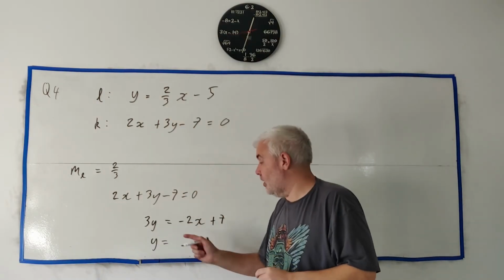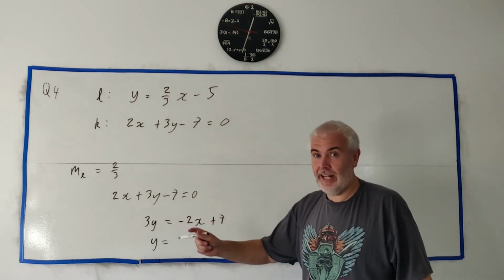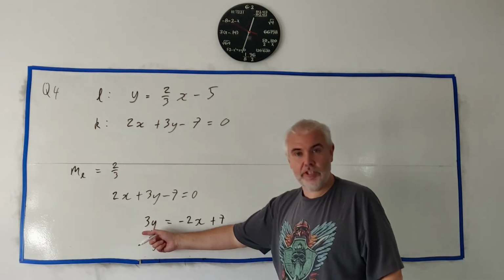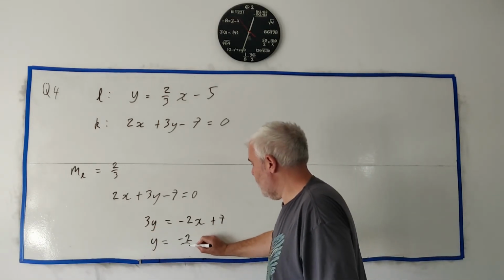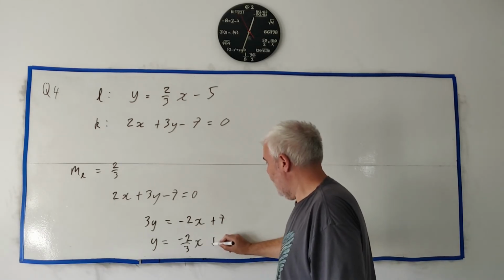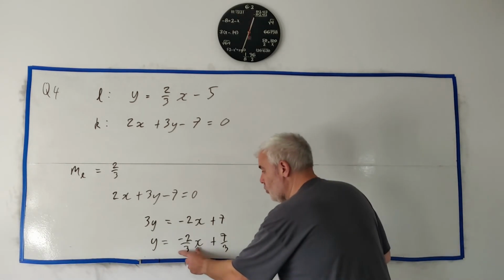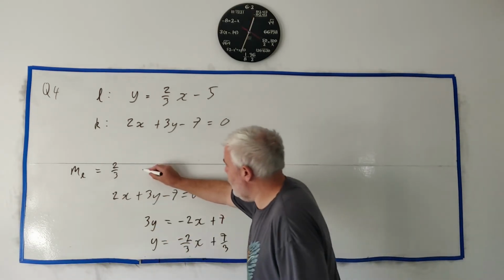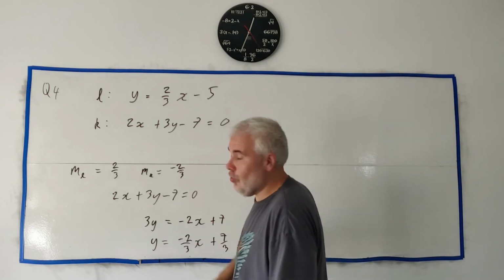What we're doing is we're dividing the left by 3. So everyone on the left gets divided by 3, and everyone on the right needs to get divided by 3. So the minus 2 gets divided by 3, and the 7 gets divided by 3. But now we can just look at this and say the slope of k is equal to minus 2/3.